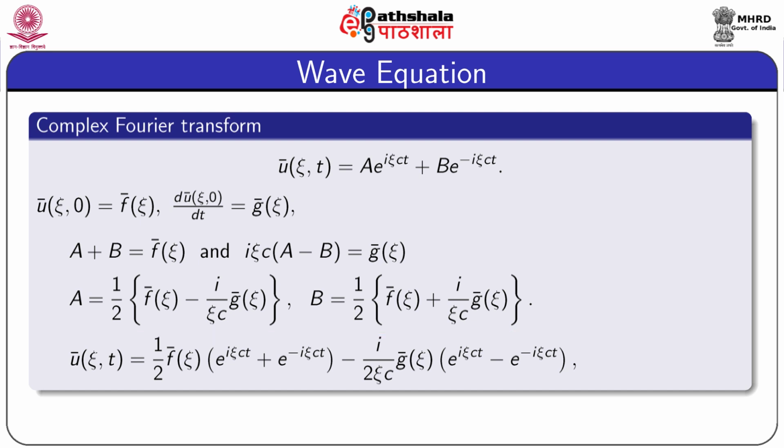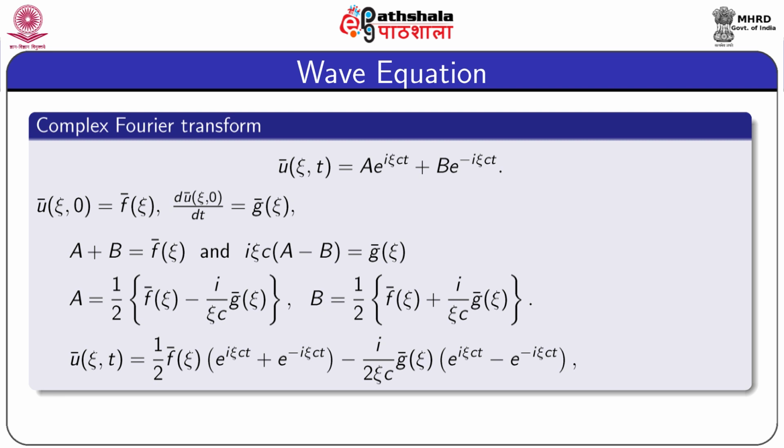Substituting the values of a and b in the general solution, we obtain ū as half f̄ into (e^(iξct) + e^(−iξct)) minus i/(2ξc) ḡ into (e^(iξct) − e^(−iξct)).